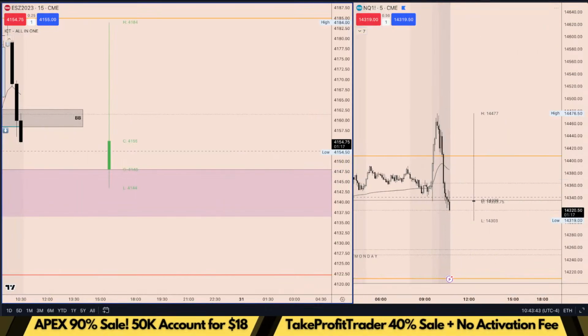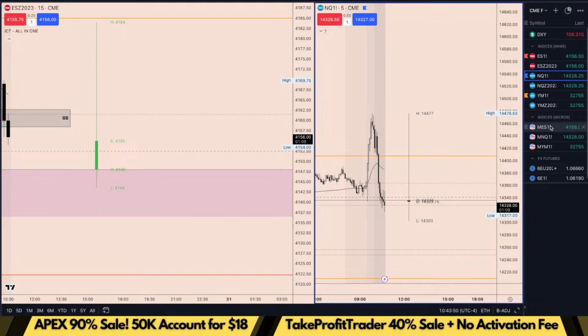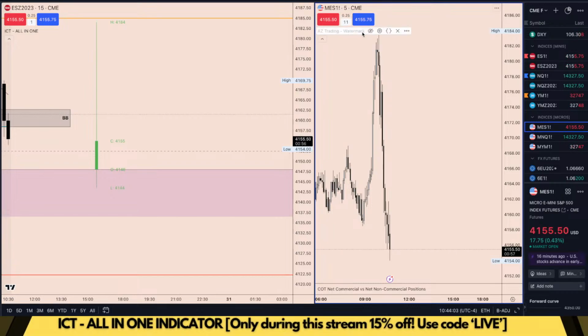Same goes for NQ, but because we're in a pump and dump scenario with a big stop loss, I'm gonna use the MES here. I will not use any of the indicators. Keep one chart nice and clean.